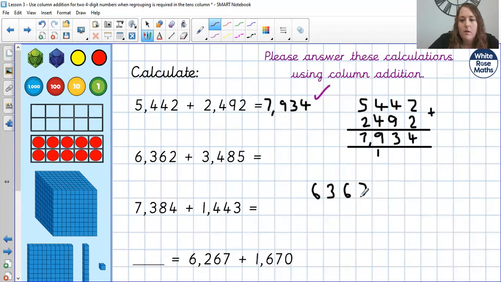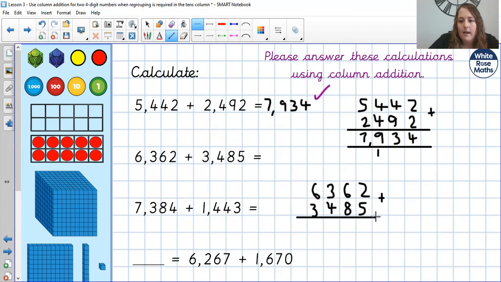6,362, and we are adding 3,485. Again, one box in each square, nice and neat, making sure the columns are aligned, and then I get my ruler tool and do my equal signs.